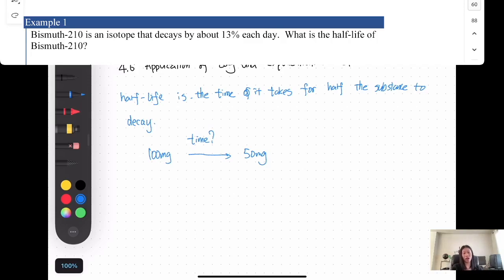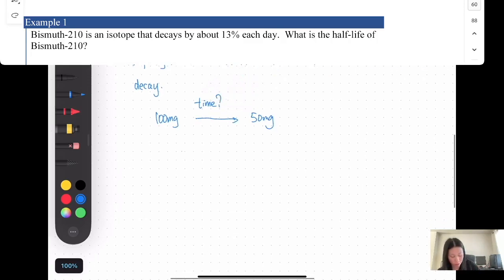Well, first we need to know whether this is exponential growth or exponential decay. An exponential growth or decay function should be f(x), the output, equals the input times 1 plus or minus the rate, depending on whether it's growth or decay, to the time power. Since this is a decay, we subtract the rate.